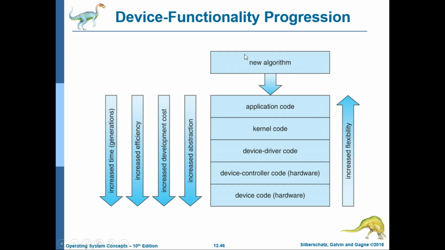That's why a new algorithm will always start in the application code, which also increases abstraction. The only thing is that the application code has increased flexibility, because it's easier to modify than the kernel code, device driver code, device controller code, and the device code.